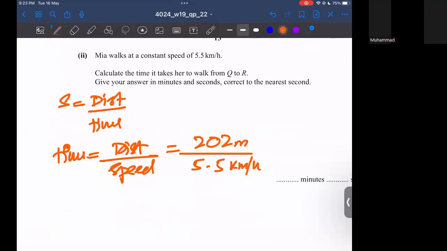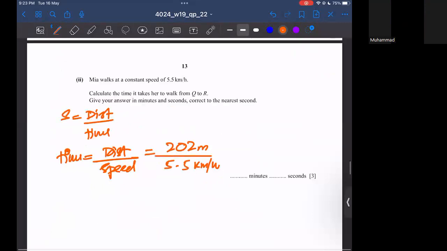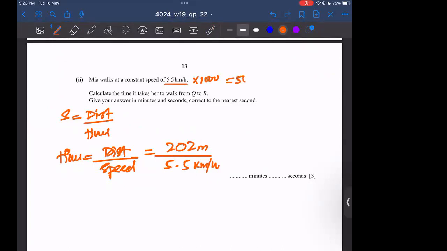See, the units are not same here. This one is meter, this one is kilometer. So first thing first, we need to focus on this value 5.5 kilometer per hour because they are also asking the answer in minutes and seconds. So let's just convert this value first into meter. If you multiply this kilometer with 1000, it becomes 5500 meters.